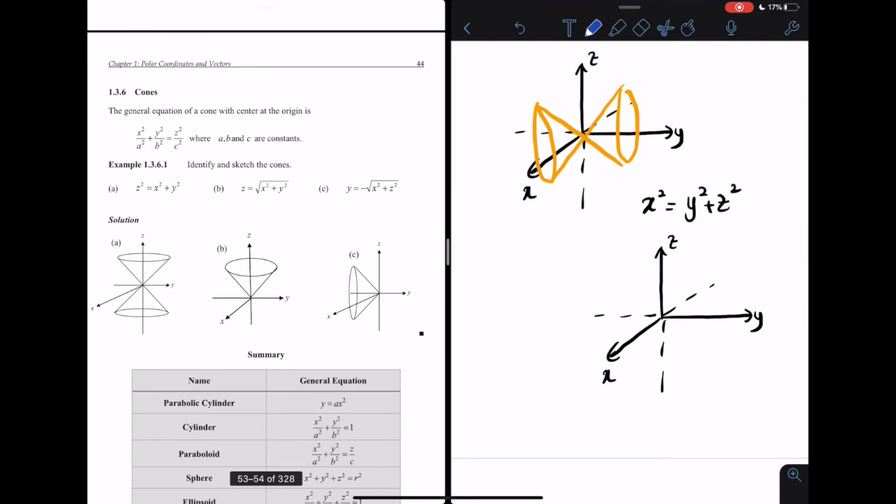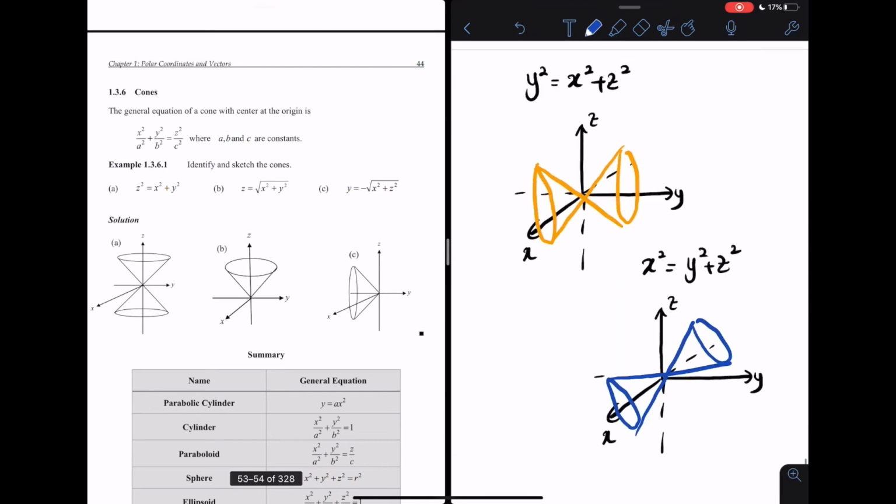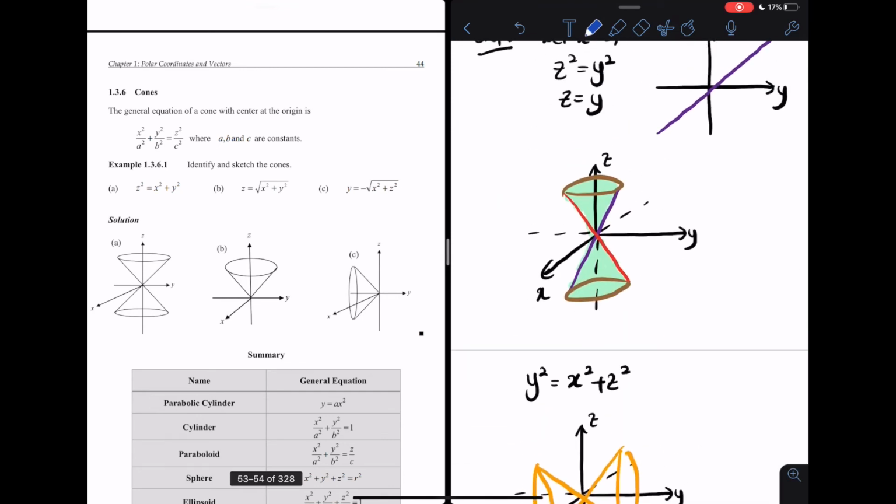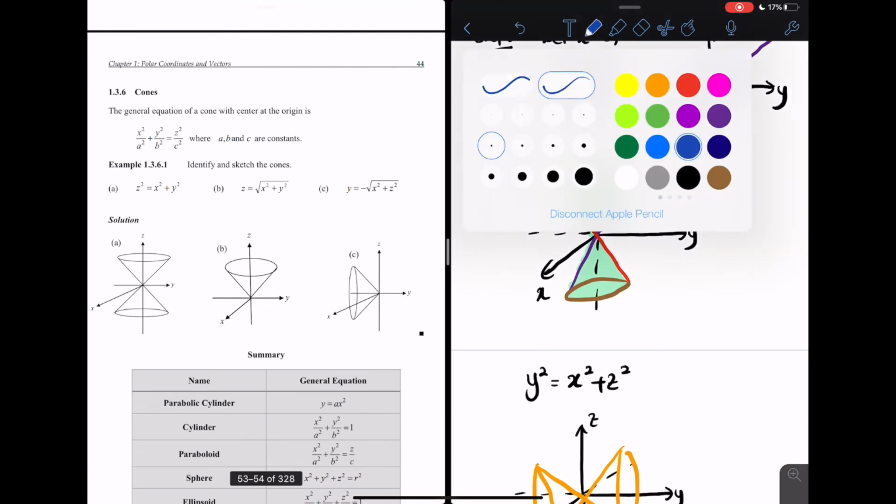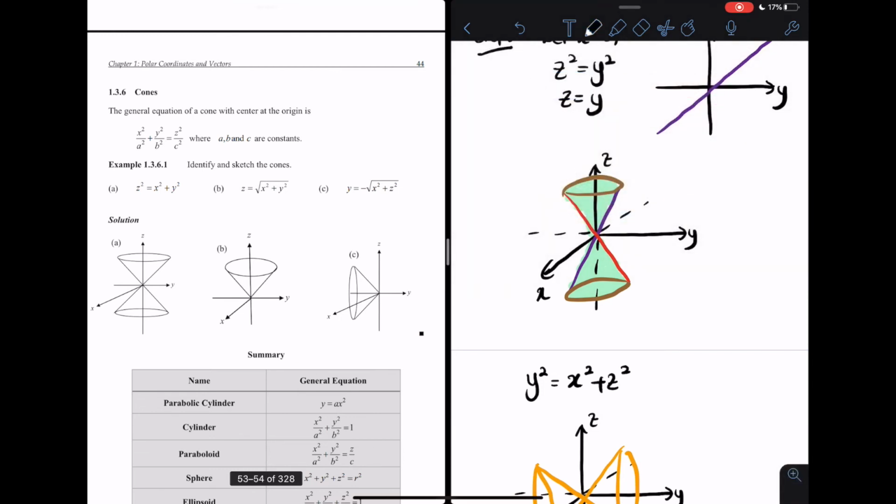So it will be traced along the x-axis. So let's move back to the first example that illustrates a cone. Basically, z squared is equal to x squared plus y squared.